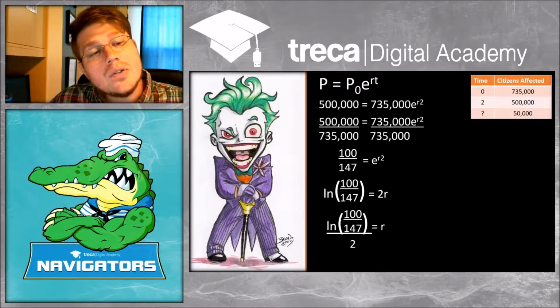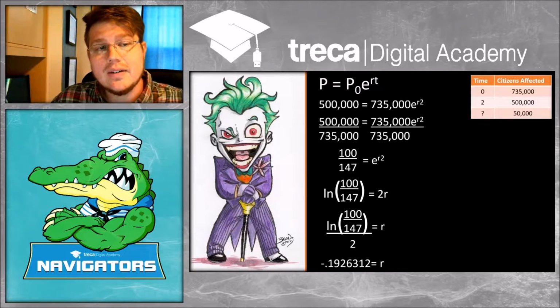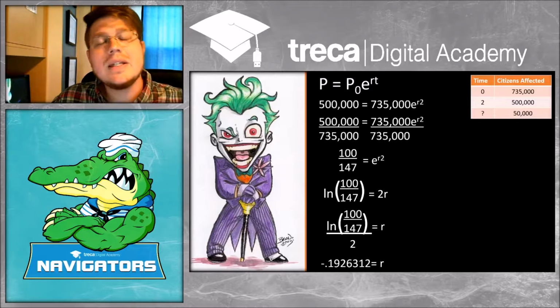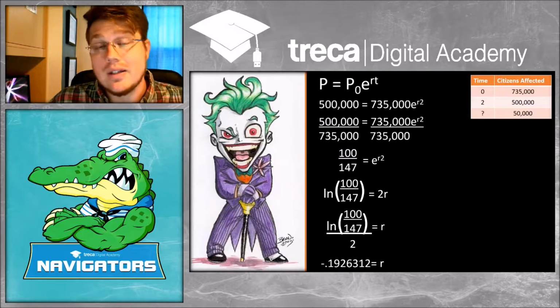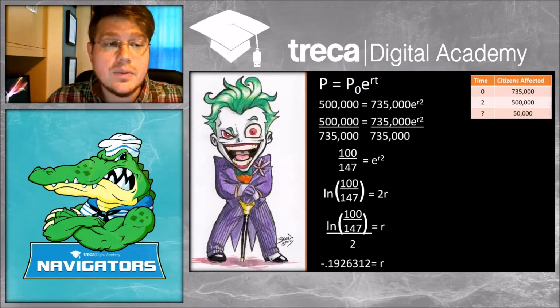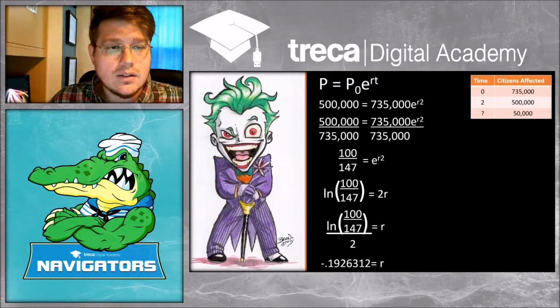But you can plug the natural log of 100 over 147, quantity divided by 2, into your calculator. And you're going to get about negative 0.1926312. Our growth constant being negative makes sense, and this is important. Our growth constant being negative makes sense because our population isn't growing, it's shrinking, it is contracting.